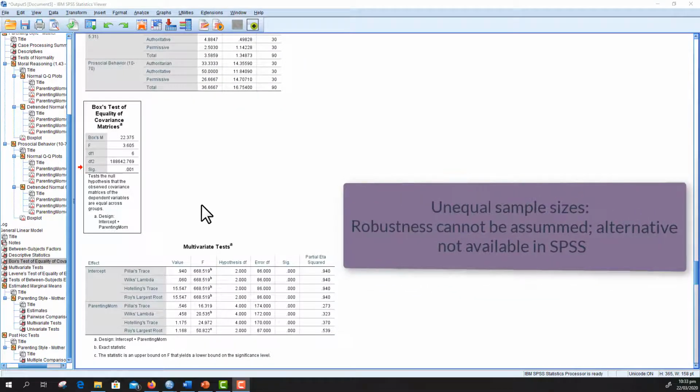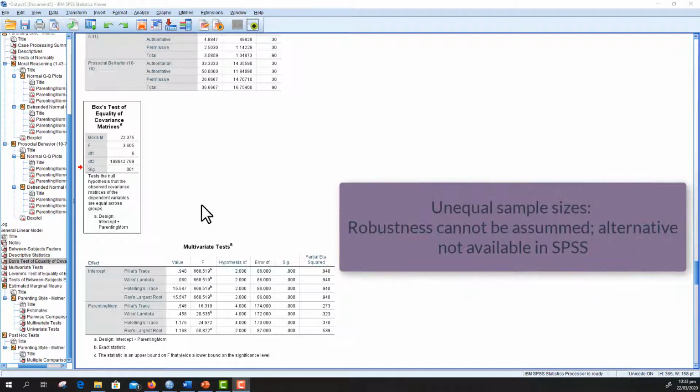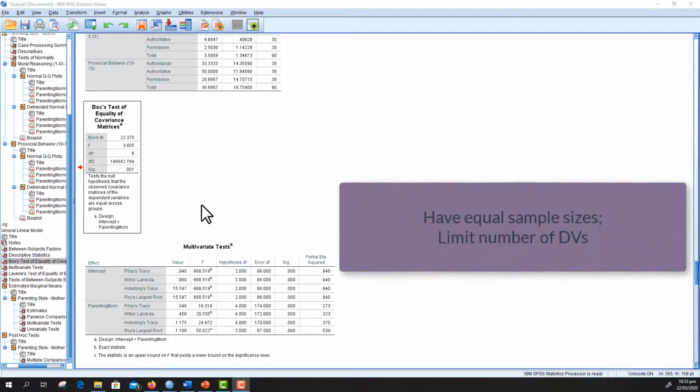If sample sizes are not equal, robustness cannot be assumed. The greater the difference in sample sizes and the more outcome variables measured in the analysis, the more distorted the p-values become. However, SPSS doesn't provide a robust alternative for unequal sample size. Thus, try as much as possible to have equal sample sizes and limit the number of outcome variables to less than 10.